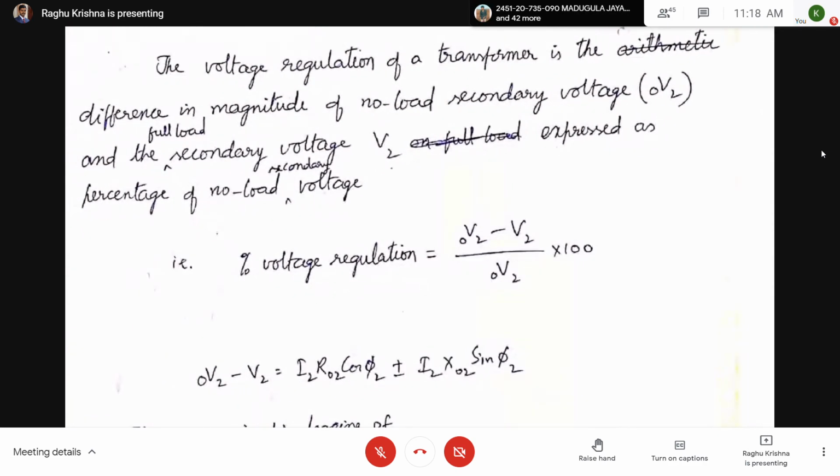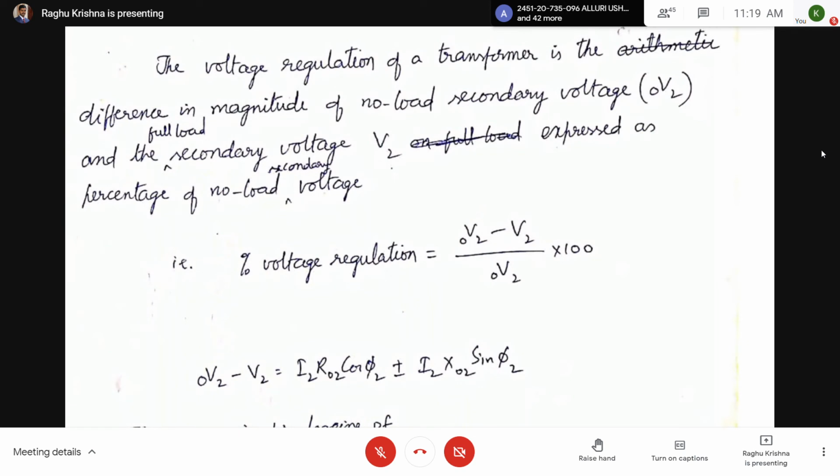Next, coming to voltage regulation. The voltage regulation of a transformer, if you see the definition, is the difference in magnitude of the no load secondary voltage and the full load secondary voltage V2, expressed as a percentage of the no load secondary voltage.